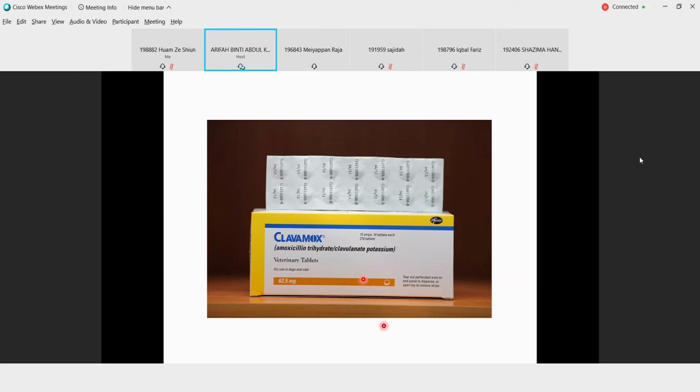Augmentin is the formulation for humans, but it can be used in veterinary practice as well. If you open up a clinic and you run out of Clavamox or Clavalox, you can purchase augmentin because the active ingredient is the same. Only thing, you must carefully calculate the dose to give to animals.